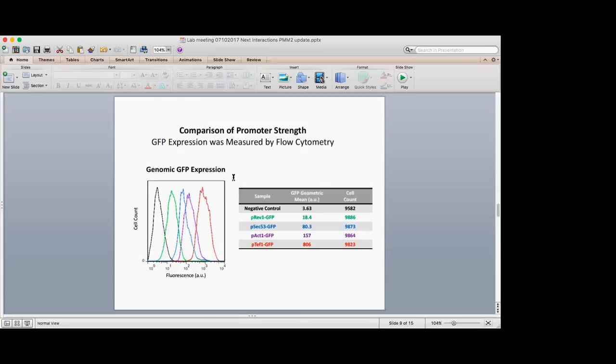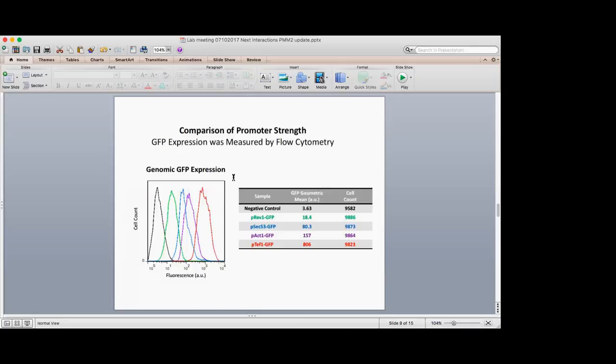In the table on the right, you see in green the PREV. This represents the low or weak promoter. It gives you a GFP intensity measurement, in this case of 18 arbitrary units. The negative control is black. That's your true baseline, so essentially no activity from the gene.